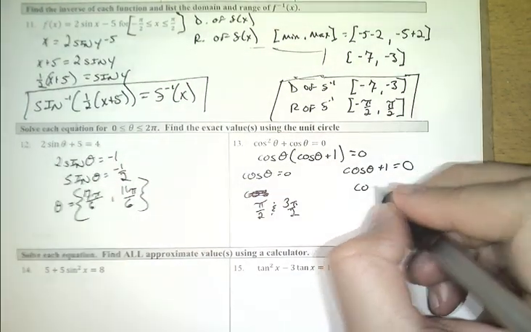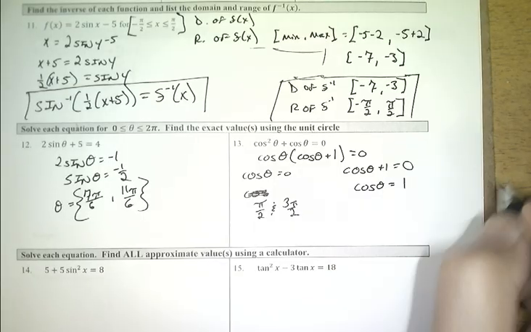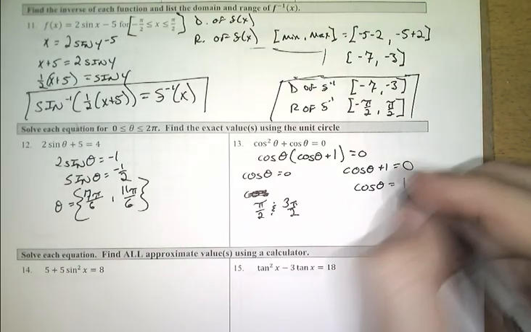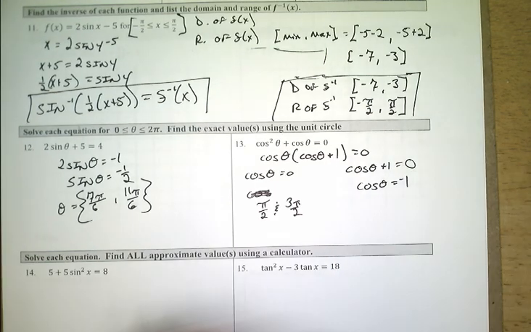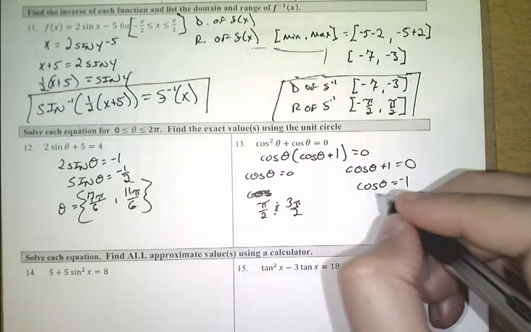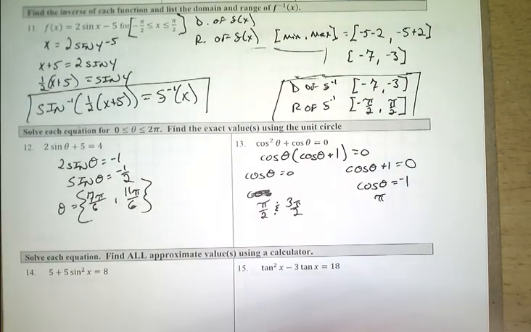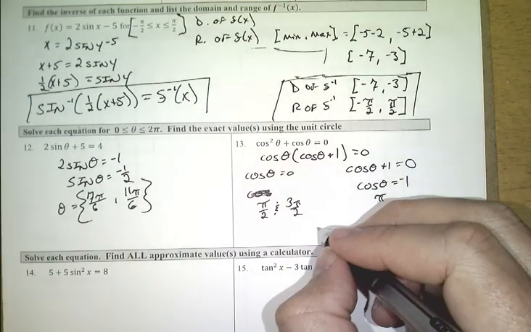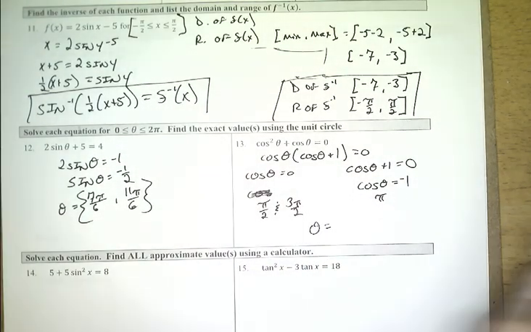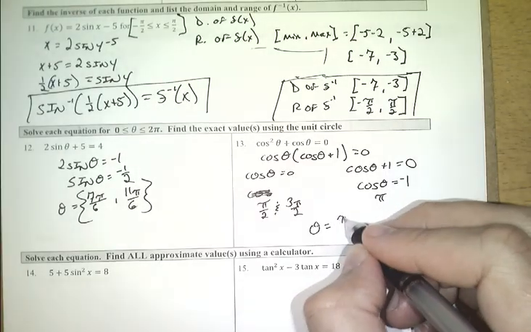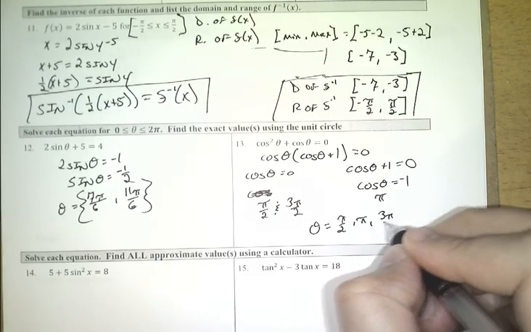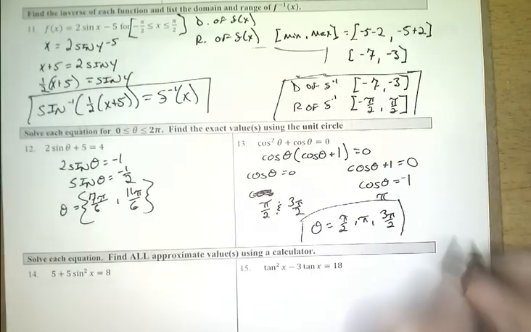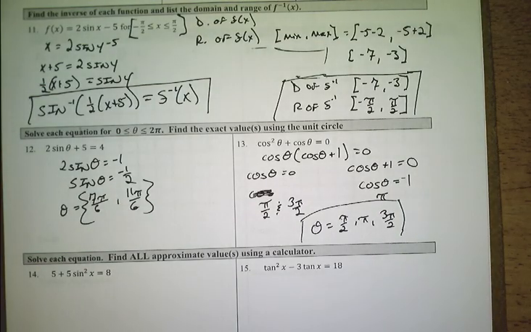And then cosine of theta equals -1. When is it -1 on the unit circle? Happens one time at pi. So our theta is pi over 2, pi, and 3 pi over 2. There we go.